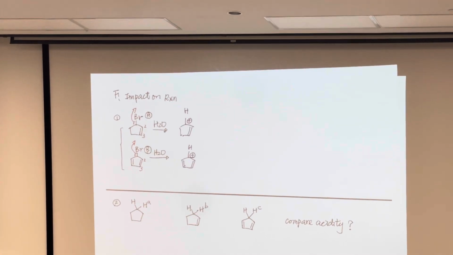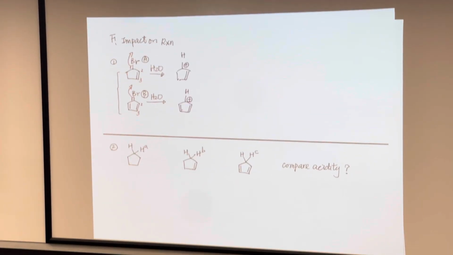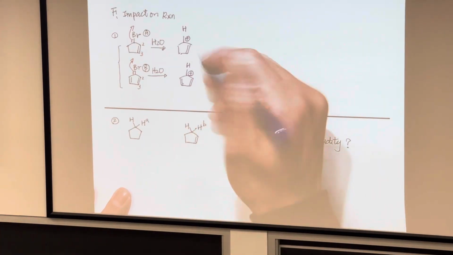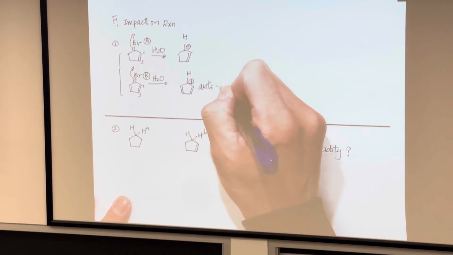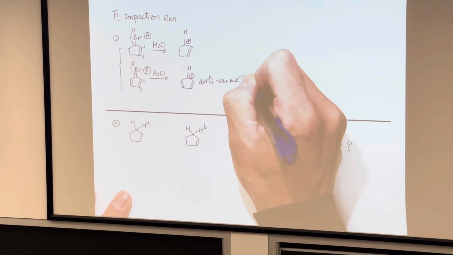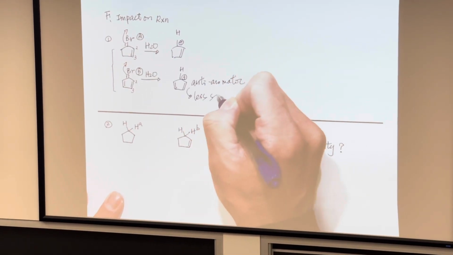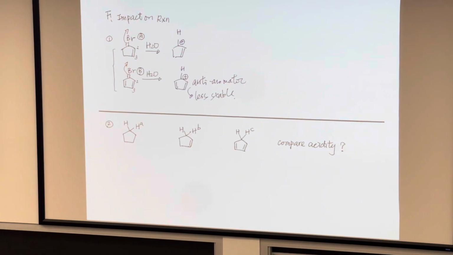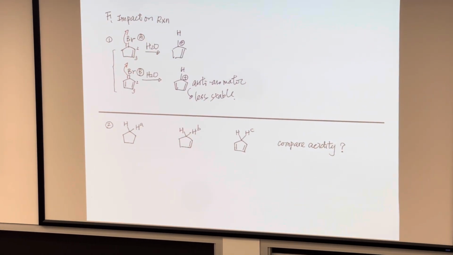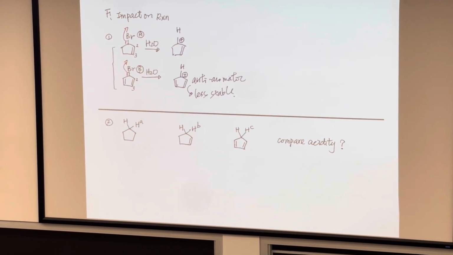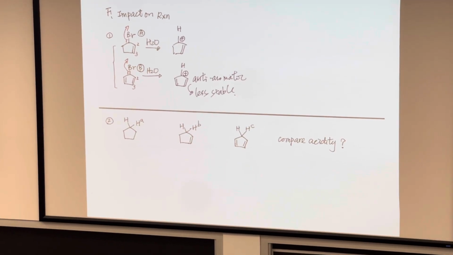So this one is anti-aromatic. Okay? Anti-aromatic. So this one here is less stable. That means the intermediate energy level is higher, then the activation energy is higher.